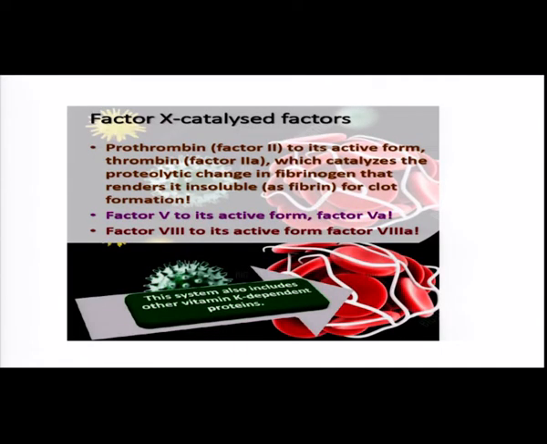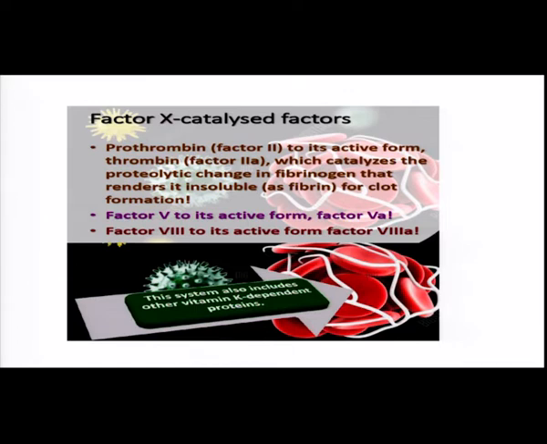So you see that factor 2 to its active form thrombin gets catalyzed by the proteolytic cleavage so that the fibrinogen can get converted to fibrin. In other words, this pathway might be familiar to you, fibrinogen getting converted to fibrin, and this is catalyzed by thrombin, from prothrombin, which is factor 2.